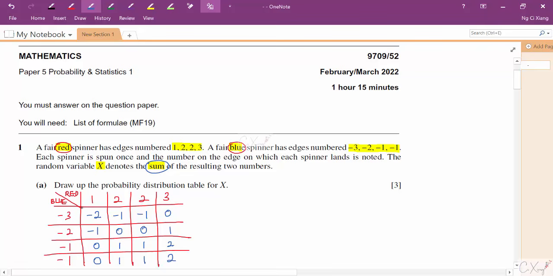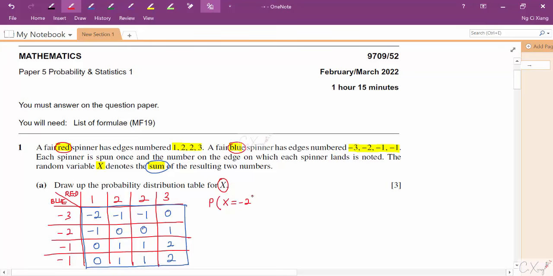After you complete the table, these are the possible outcomes for the value of X in this situation. To form the probability distribution table for X, we need to list out the values of X. All these are the values of X. At the same time, we also need to figure out the probability for every single value of X. I will start with the smallest value.